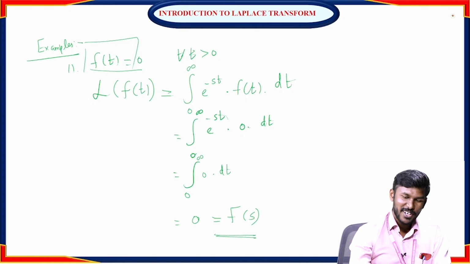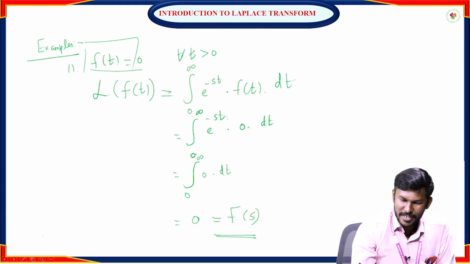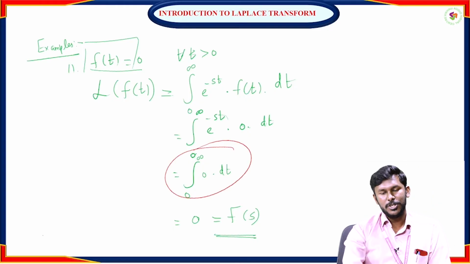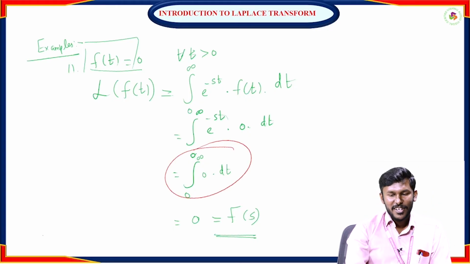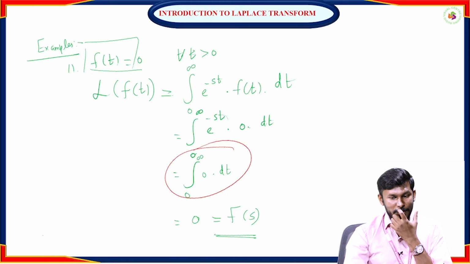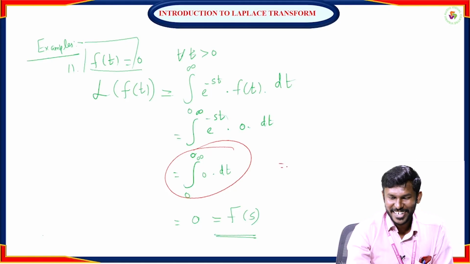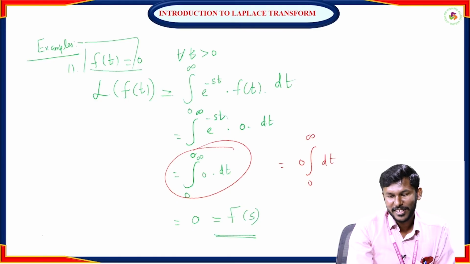But here a very important thing we need to note: in this step one crucial thing is hidden. How do I write it directly as 0? Suppose I do the integral like this, with 0 outside. Simply, students think 0 will be outside, integral 0 to infinity dt, therefore 0 into t with limits 0 to infinity.